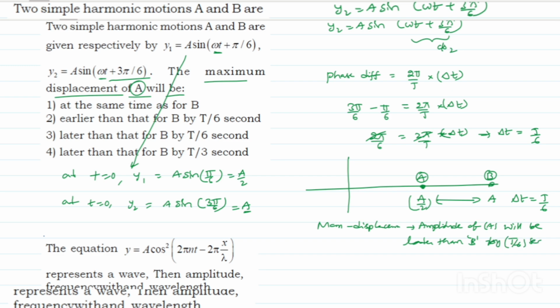The maximum amplitude will come later for the A particle by T by 6, that's the meaning. So later than B by T by 6 seconds is the correct answer.